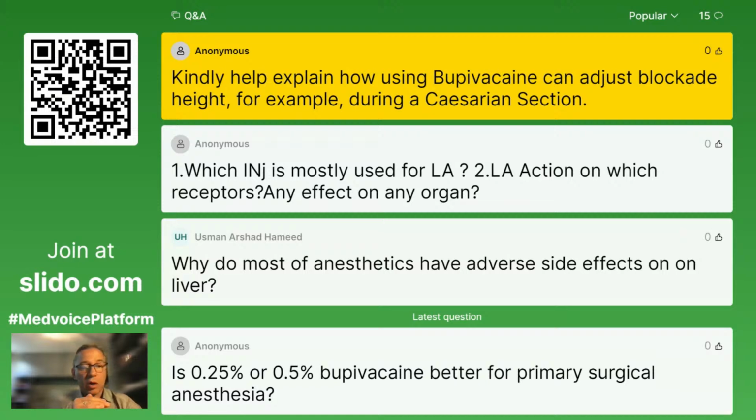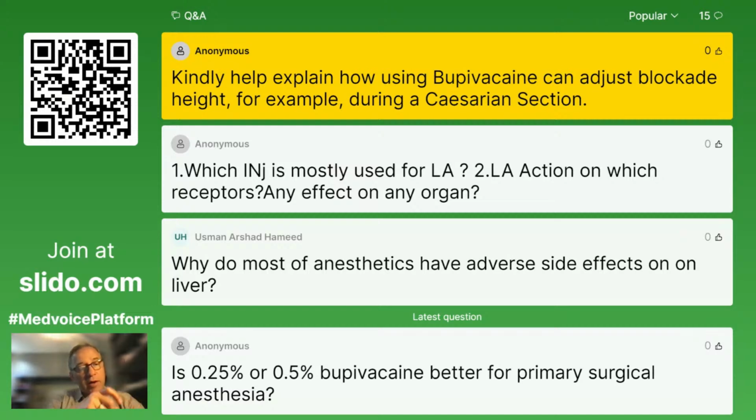You don't want the block to be too high if you're operating on the perineum, for example. But if it's a cesarean section and you want to spread the block up to, say, T4, which is what we normally would do, we will administer the local anesthetic, put the patient on the back with the wedge under the side because of the aortocaval compression, and then we'll bring the head down about 15 degrees.